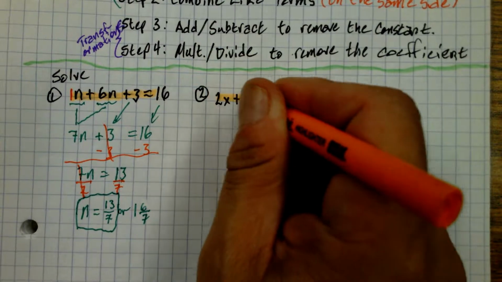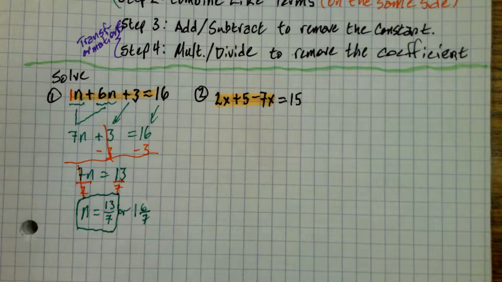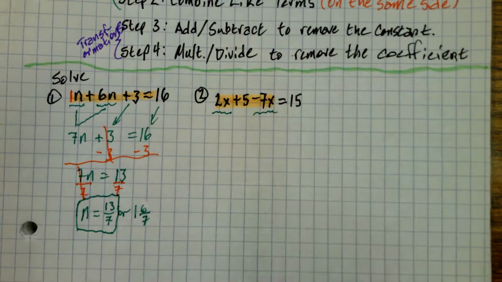So on the left side, which terms can I combine? Negative 7x and 2x. And some very good questions came up right now. Do we add them? Do we subtract them? Think of it as adding negatives.